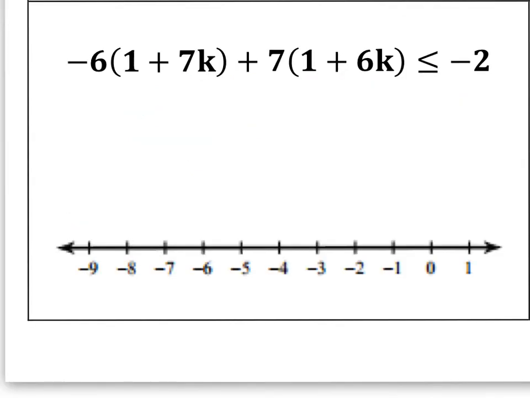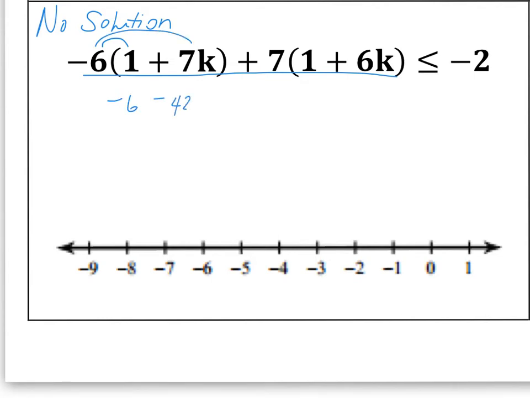Okay, let's look at a special case where there's no solution. Okay, let's first simplify the left-hand side of this inequality. -6 times 1 is -6. -6 times +7k is -42k. Plus 7 times 1 is 7. +7 times 6k is 42k.